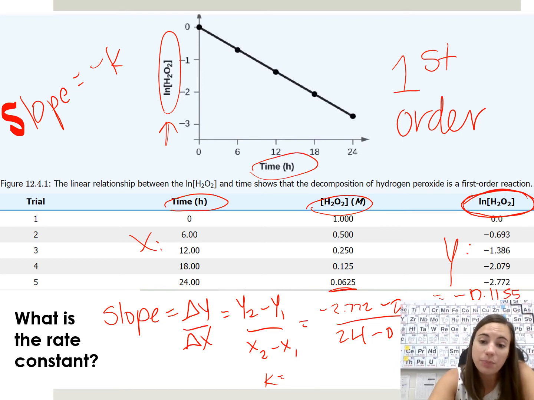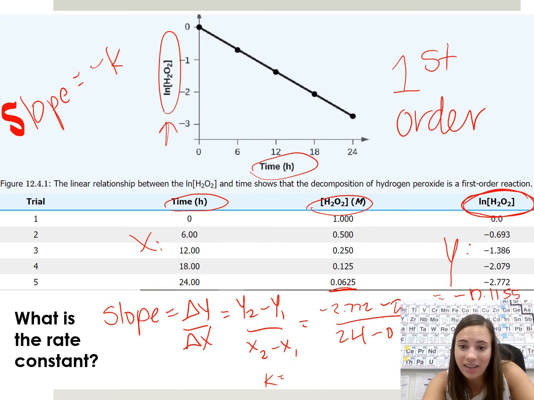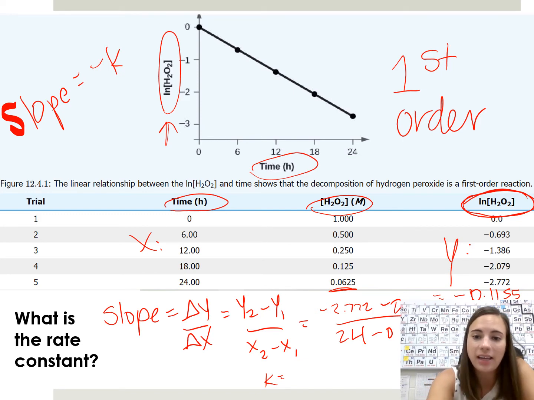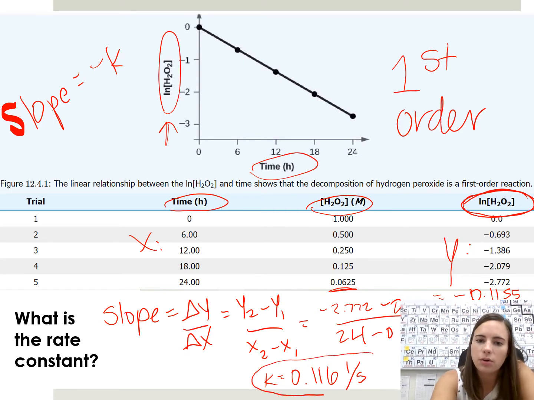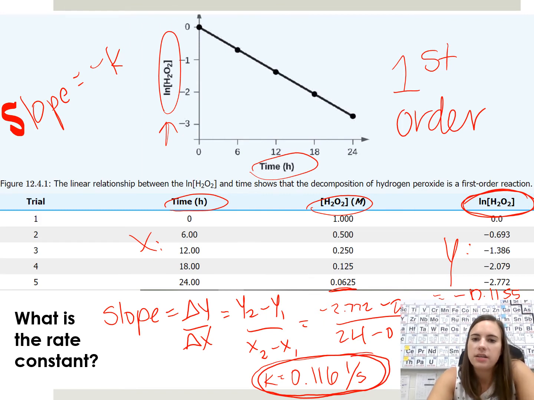Now remember, slope equals negative k, so then k equals 0.116 1/seconds, because this is first order, and so the units are 1/seconds. So I used this data to also calculate my rate constant.